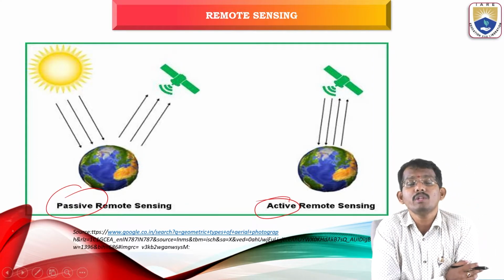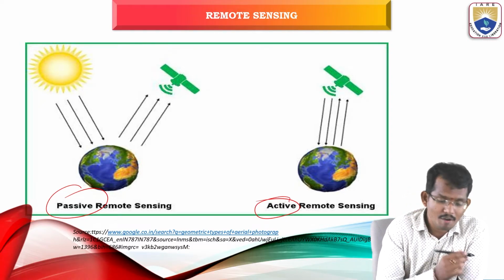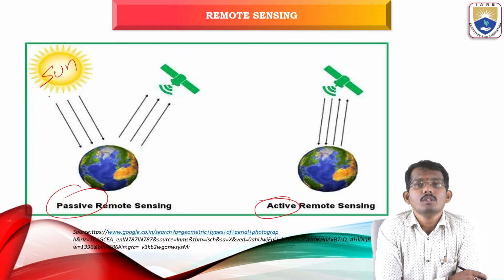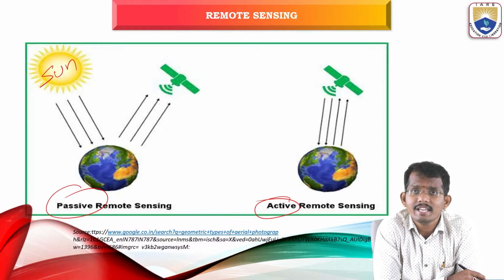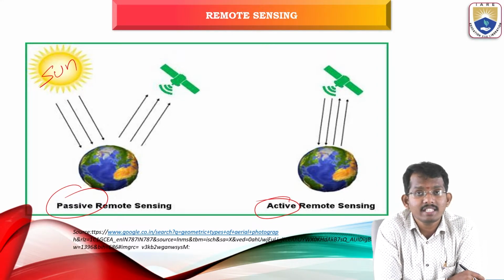Now, what is active remote sensing and what is passive remote sensing? The information obtained in presence of sunlight is called passive remote sensing. For remote sensing, electromagnetic radiation is the main source. EMR is the main source to collect the data of a particular location.